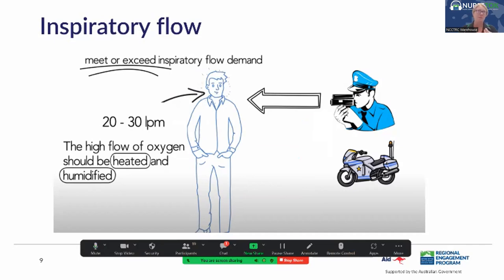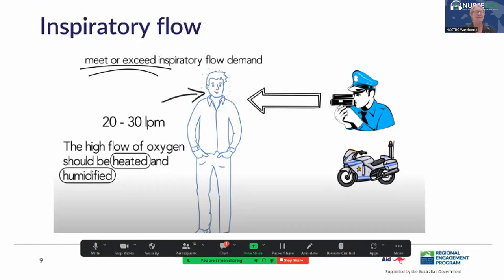So when we've climbed that flight of stairs, or we've been for a run, our inspiratory flow may increase to maybe 60 to 100 litres per minute. So it's doubled. However, because we are fit and healthy, our inspiratory flow, once we sit down and rest, will decrease again.